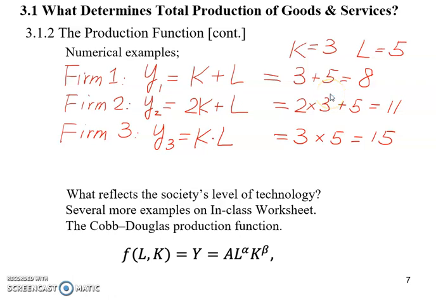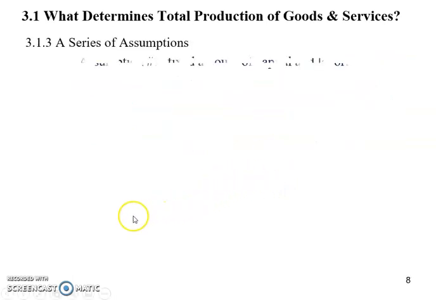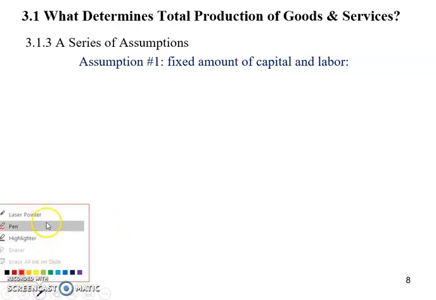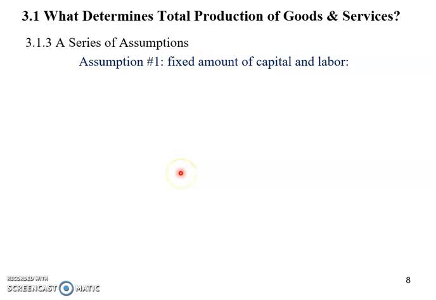After we refresh our memory on the factors of production and the production function, now we can talk about several assumptions we have to make in the Neoclassical model. The first assumption is we're going to assume that the amount of capital and labor are fixed.